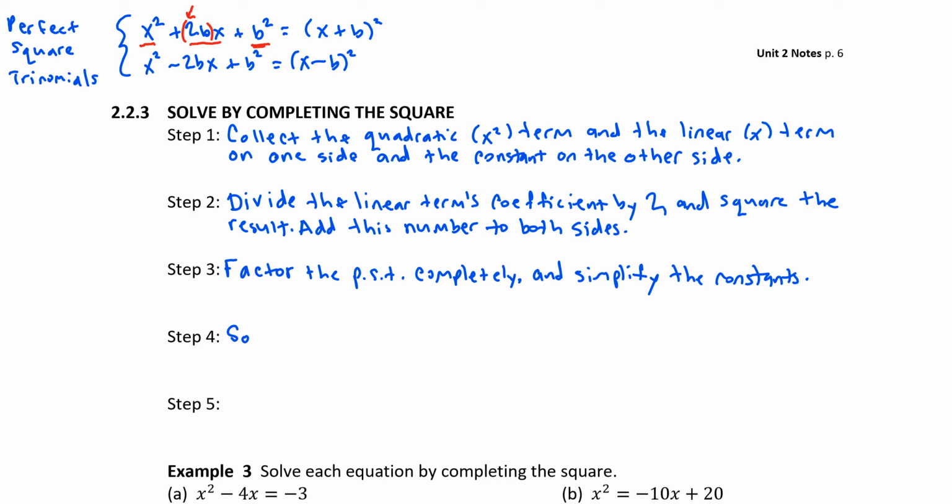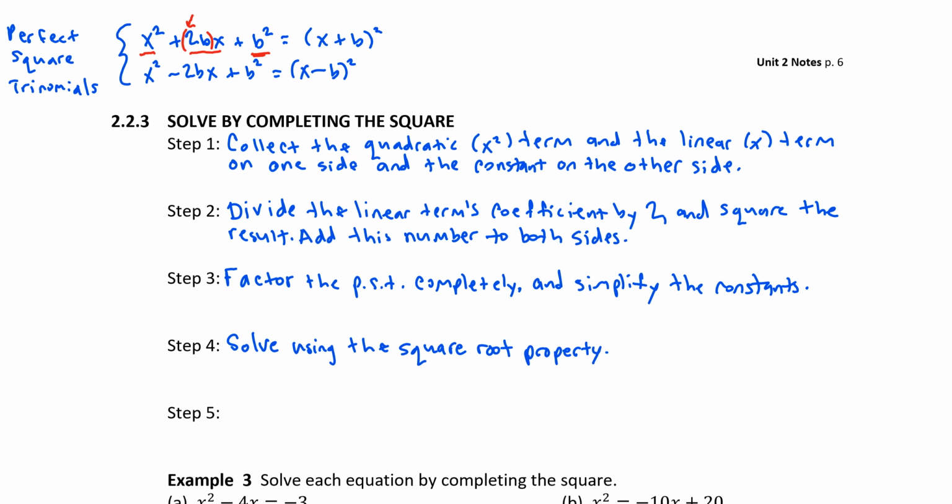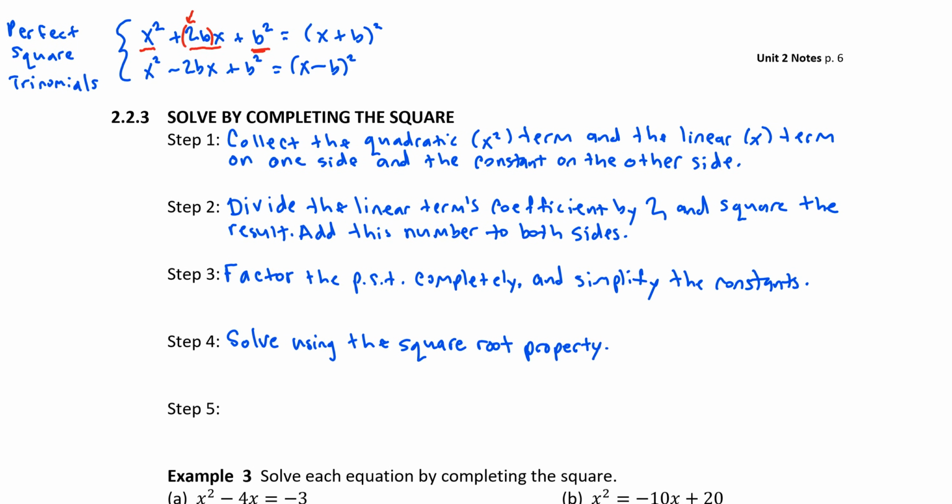Step 4, solve using the square root property. And you already know how to do that. That's one of our simpler methods. Okay, we'll end up with 2 solutions. So what do you suppose step 5 is going to be? I hope that you always know your last step for any math problem is to check. We can check by substitution.